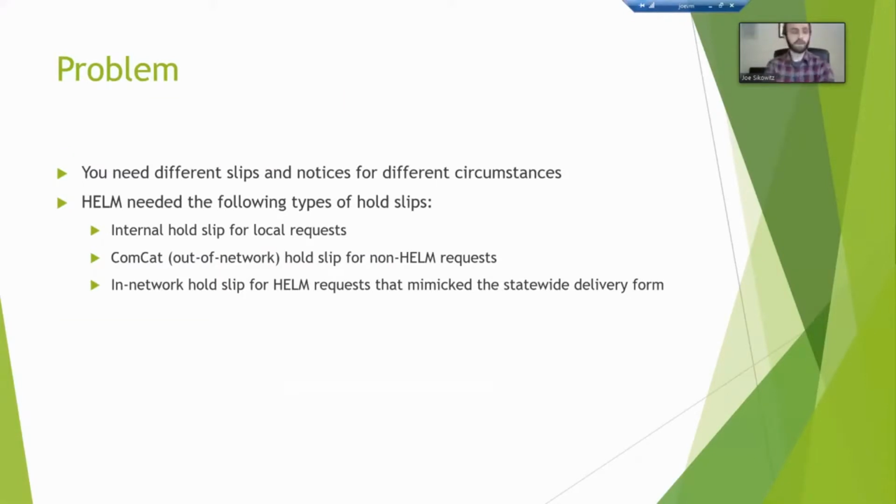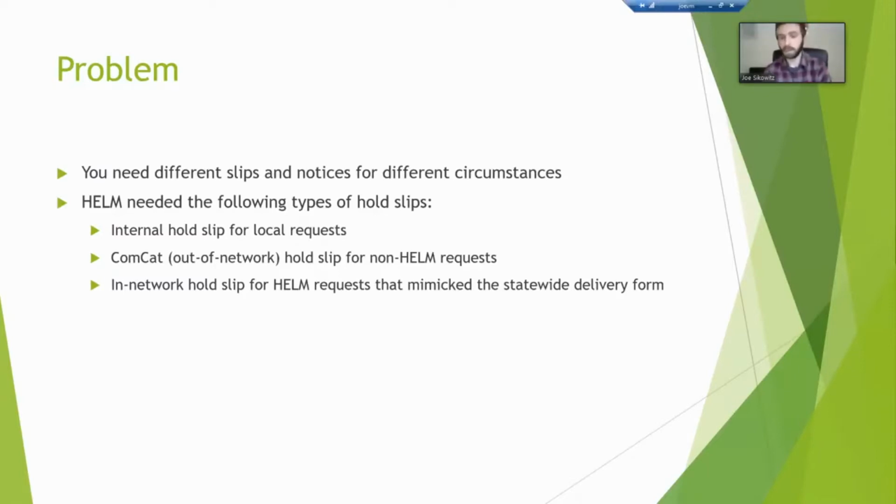Okay, so what is the problem that we were trying to solve here? The problem we found was that we needed different slips and notices for different circumstances. Specifically, the example we're going to look at today, HELM needed 3 different types of hold slips depending on where the item was going to go.